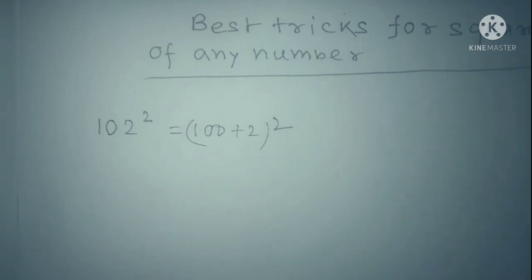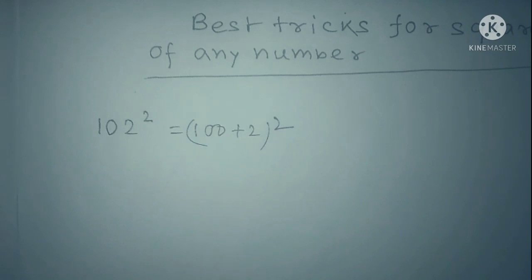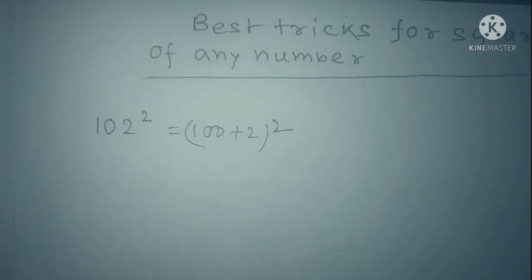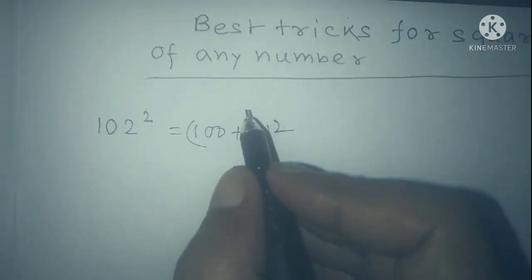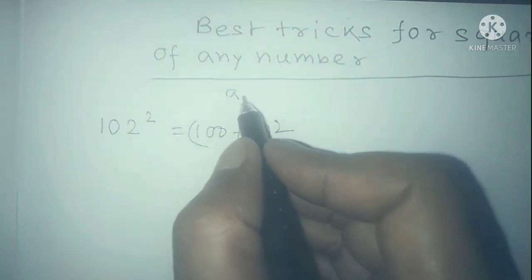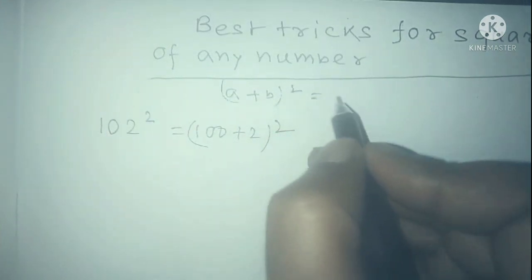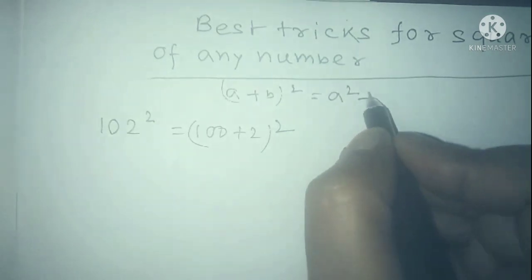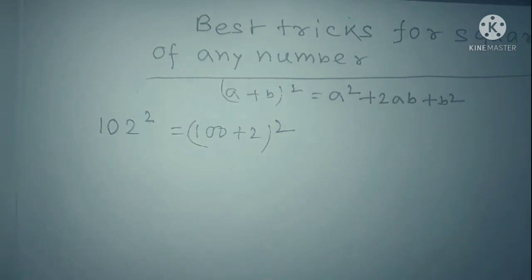Okay, so my dear students, first of all you have to remember two formulas. I think you have started these in class 7, 8, 9, 10. The first formula: a plus b whole square, that means a square plus 2ab plus b square.